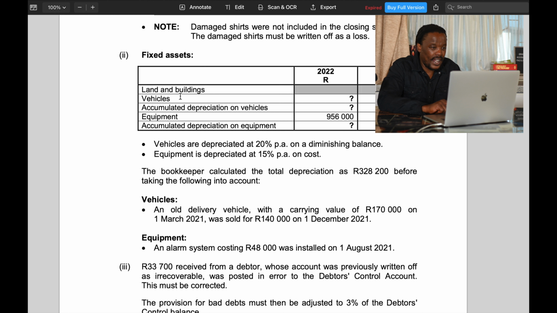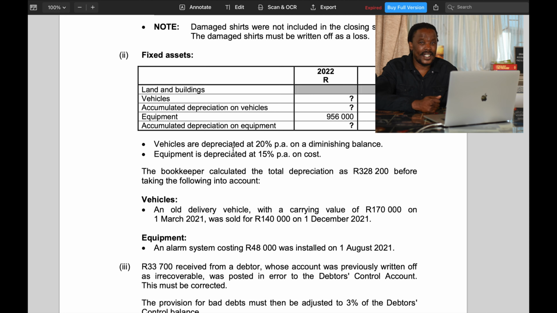Fixed assets, land and buildings, vehicles, question mark. I said to you, when you see a question mark, be happy. Equipment 2022, they gave you the amount. 2021, question mark. Accumulated depreciation, vice versa, question mark. Vehicles are depreciated at 20% per annum on diminishing balance. Equipment is calculated at 15% on cost.